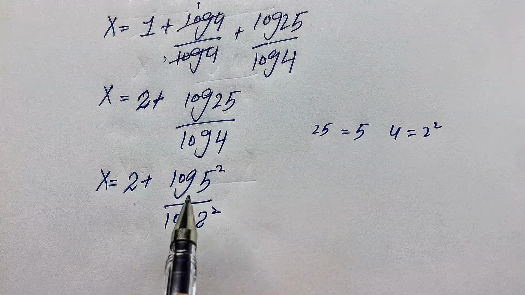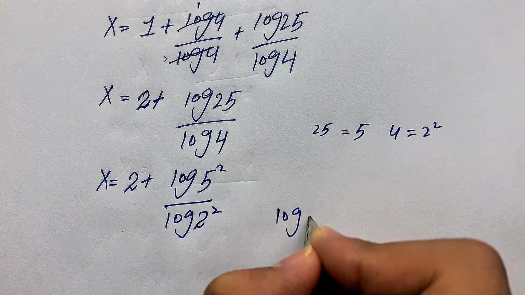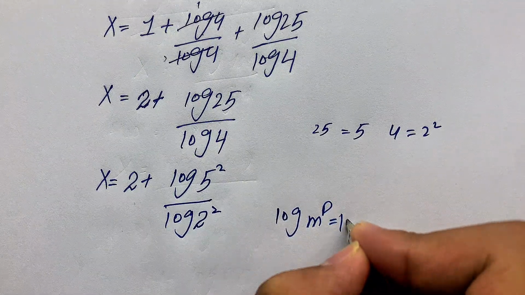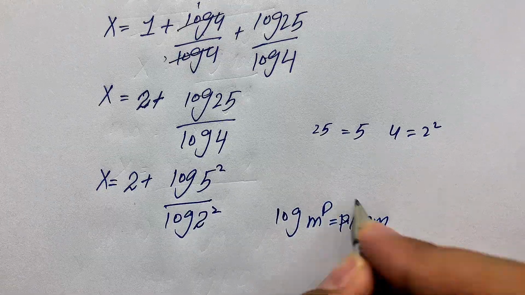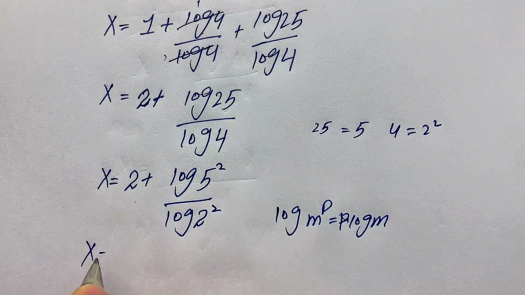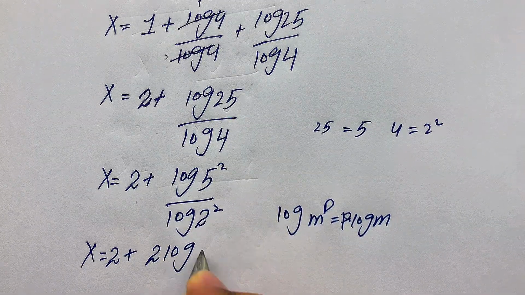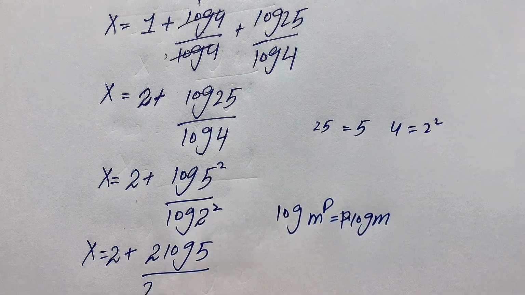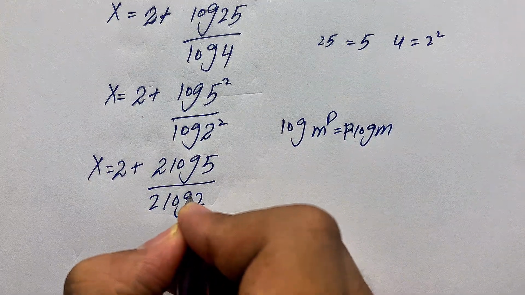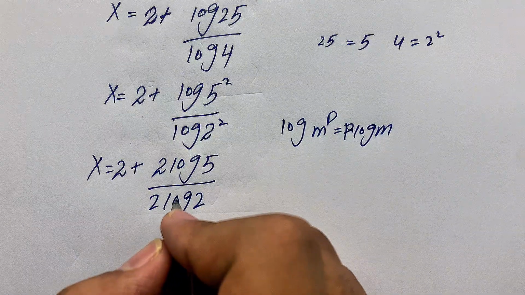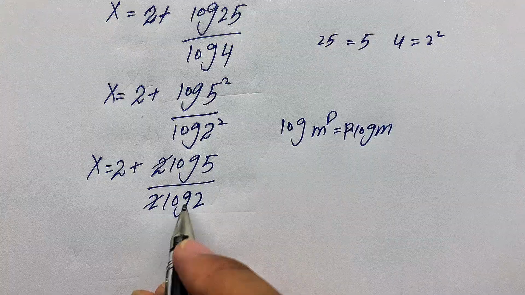Now we apply the formula log of m^p is equal to p log of m. Now we use this, we get x is equal to 2 plus 2 log of 5 divided by 2 log of 2. So this 2 cancels, remaining log of 5 divided by log of 2.